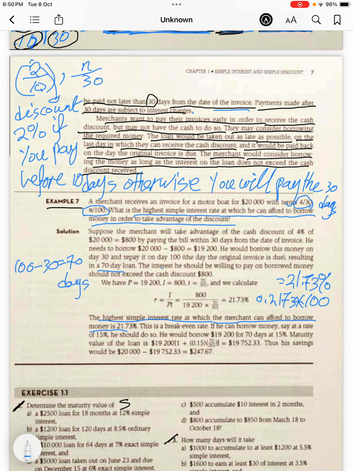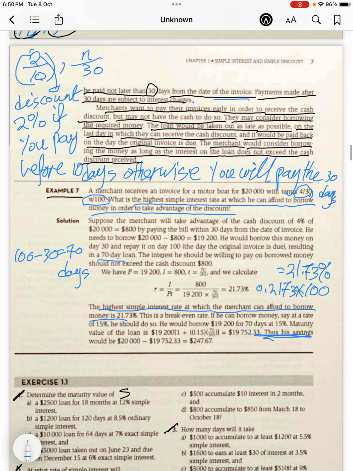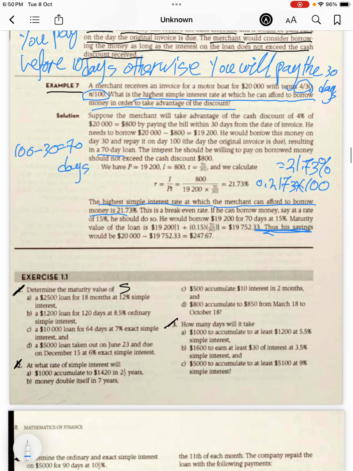Thus, his saving would be 20,000 minus 19,752.33, which is 240.67.